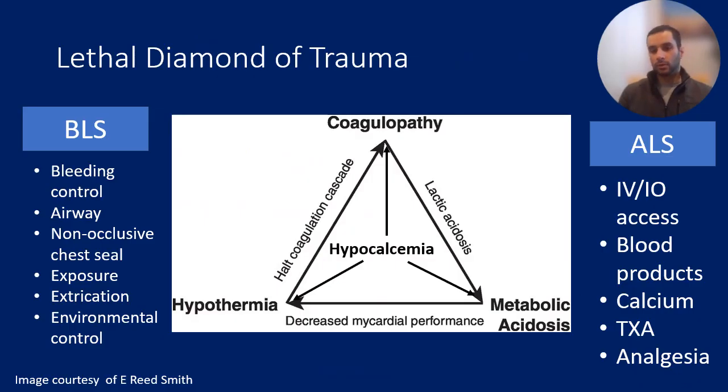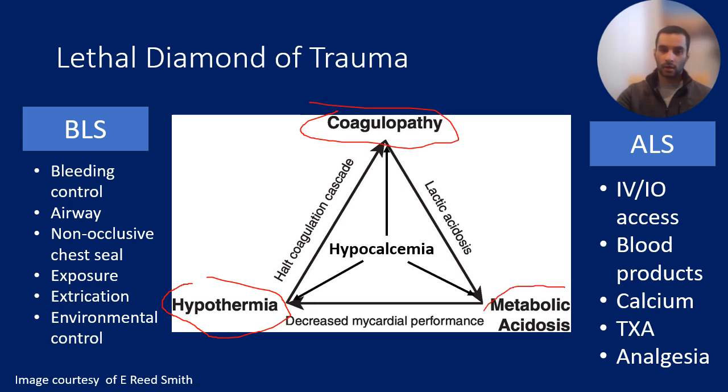All right, so let's talk a little bit about the lethal diamond of trauma. And I mentioned you should understand something about damage control resuscitation earlier. This is the fundamental basis for that. So in trauma, it's been classically taught as a triad of hypothermia, coagulopathy, and metabolic acidosis that leads to death.